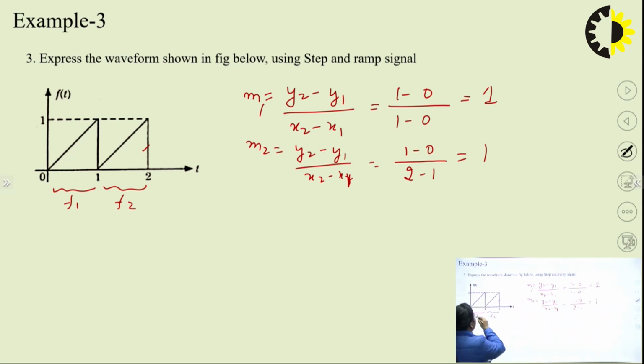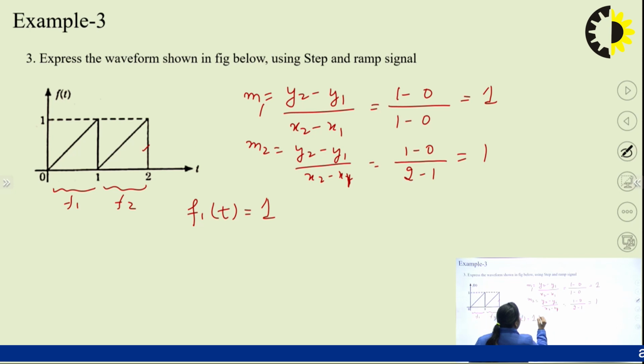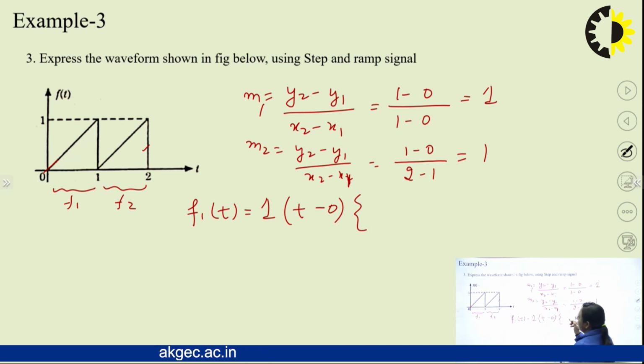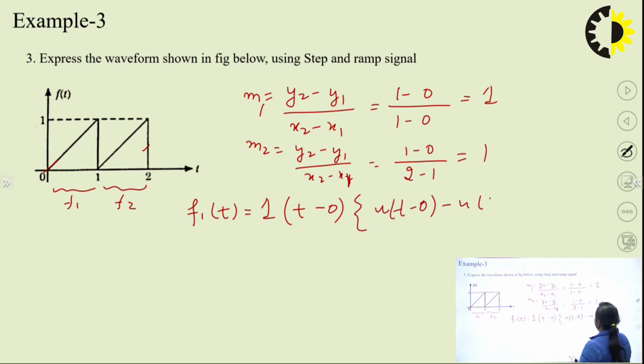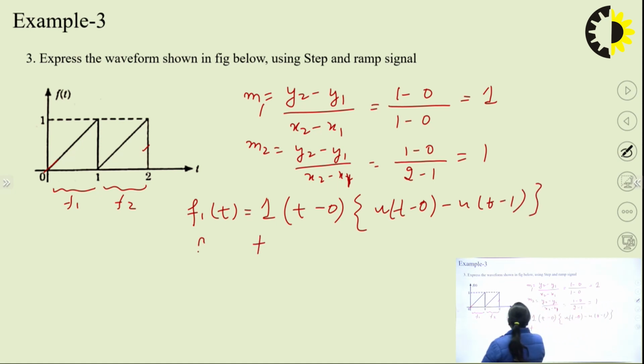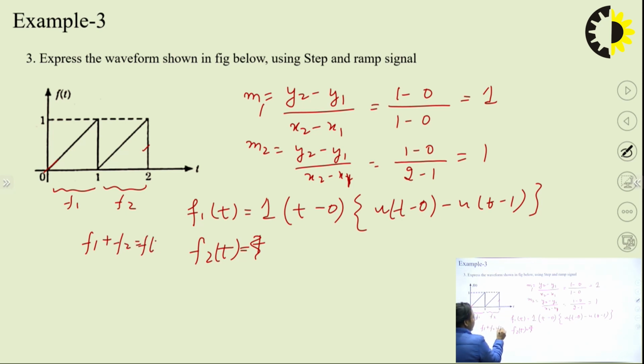Okay, so for function f1(t) I can write what, the slope into t minus the point at which the slope is cutting the t-axis. In terms of gate signal, I can write it as u(t minus 0) minus of u(t minus 1). Okay, plus for f2, f2 will be equal to, see, f1 plus f2 will be equal to signal f(t).